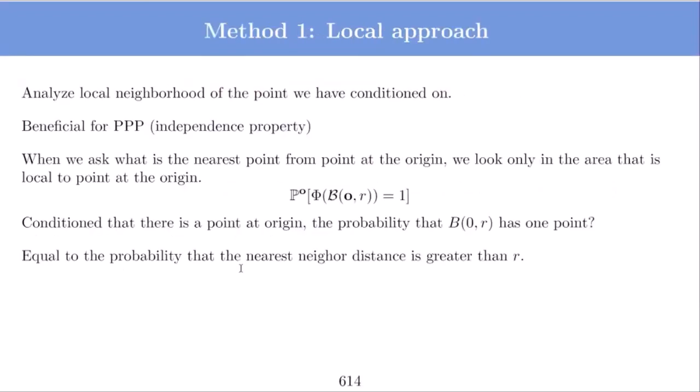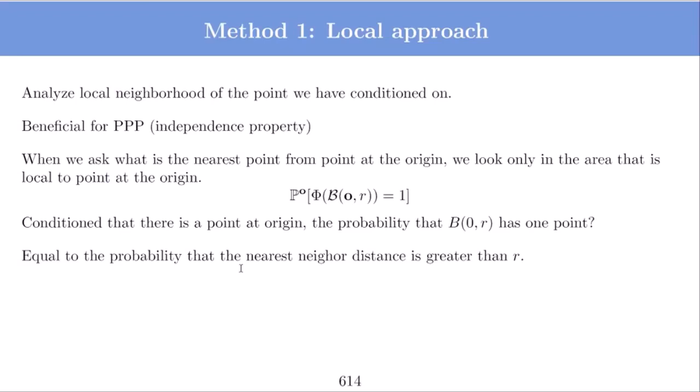To calculate for the Poisson point process, I will apply method one, which is the local approach. In that case, I will look at the local neighborhood of the Palm probability. You want to compute that the ball B(0, r) has only one point, conditioned on a point at the origin. So I will construct a small neighborhood around this point.